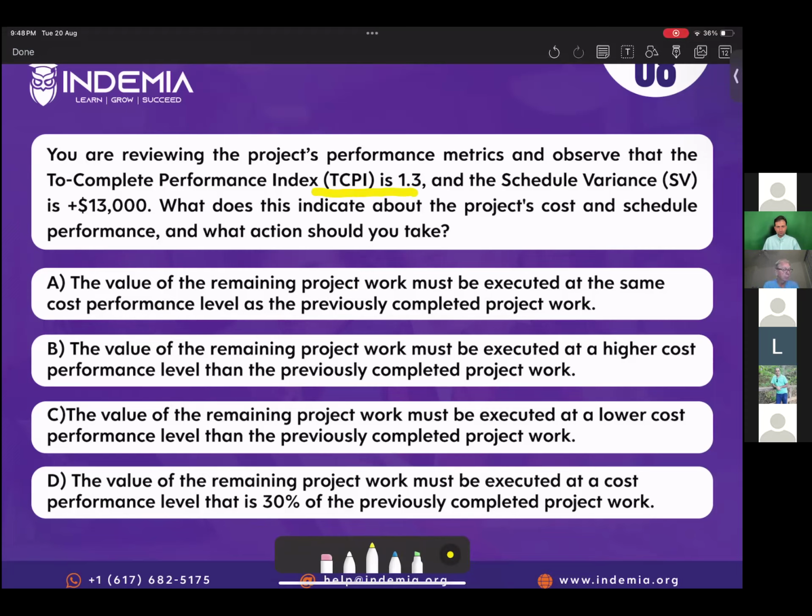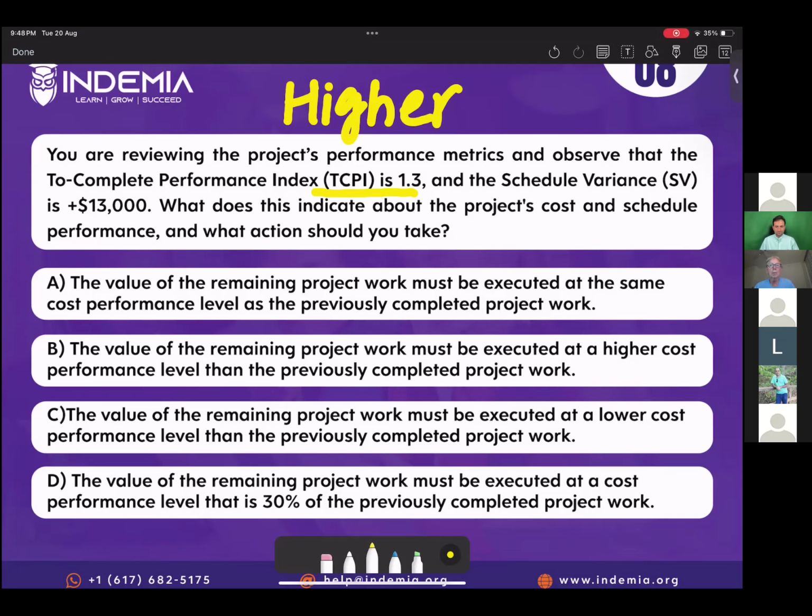So now it should be executed at a higher cost performance level than the previously completed project work, or D. But since it says specifically 30%, we have to do 30% more than what was currently being executed. We may complete the project at the time. So that's why I chose option D.